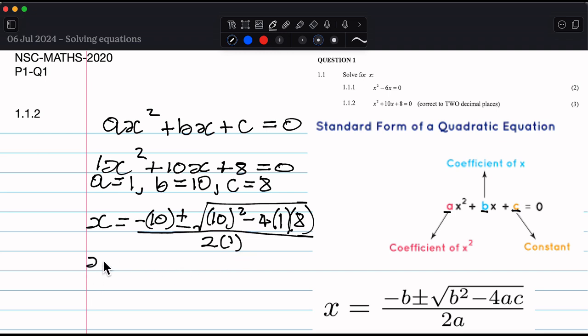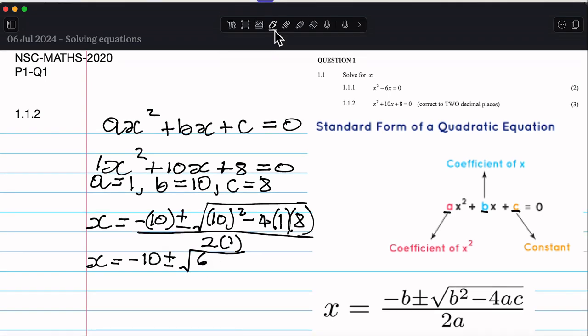Now what you can do next is to simplify what you have under the radical, or just simplify the whole expression. Okay, here negative times positive will give us our negative 10 plus or minus the square root. We can go right ahead and calculate what that value is.